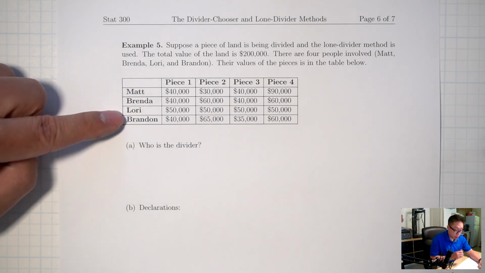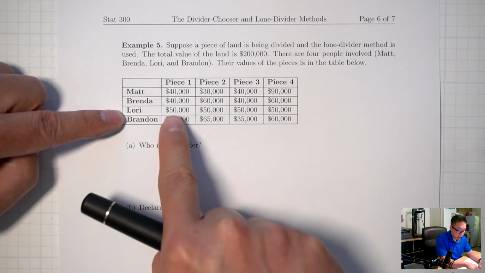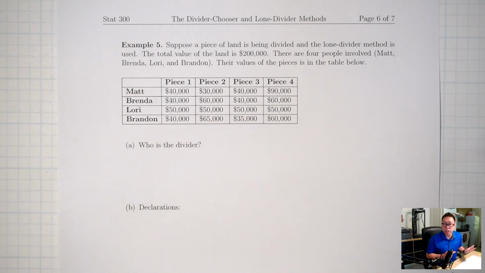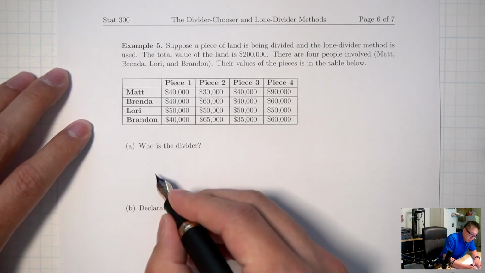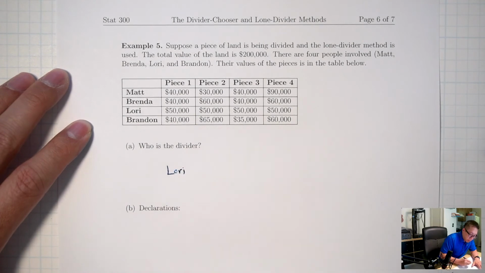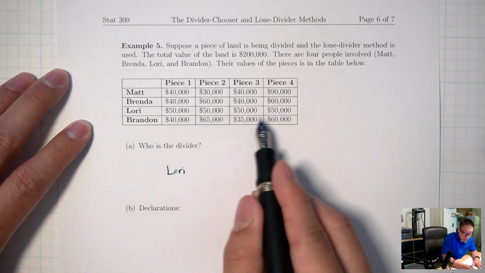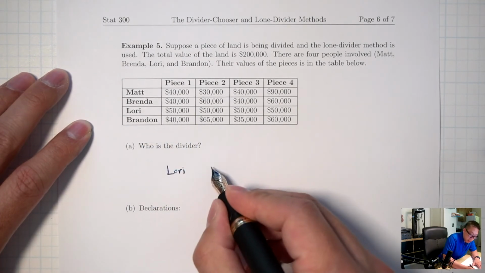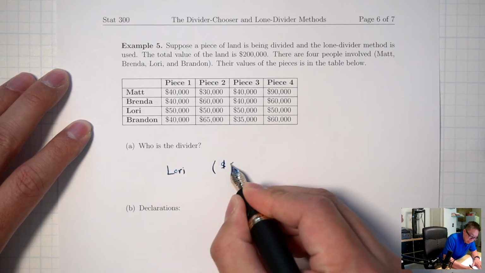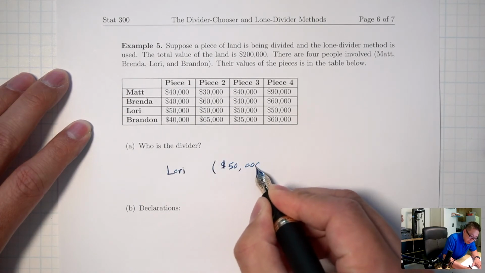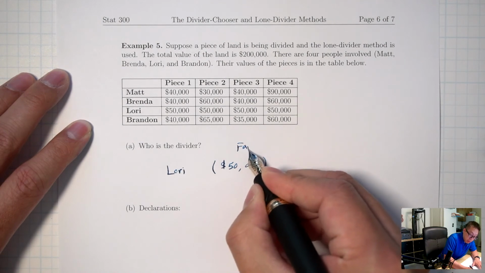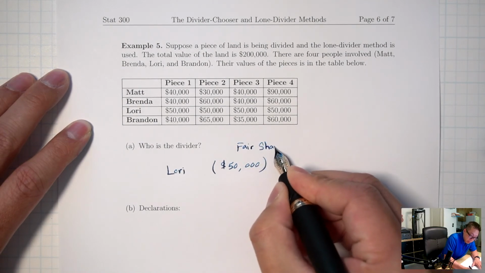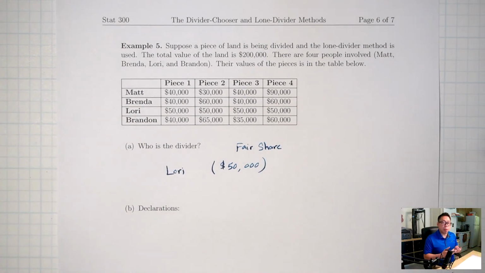Looks like Lori. So Lori valued each piece $50,000. She's the divider. And let me also make note of her value on each piece because that number is important, because that's the fair share number. Each person deserves $50,000 or more worth of land.